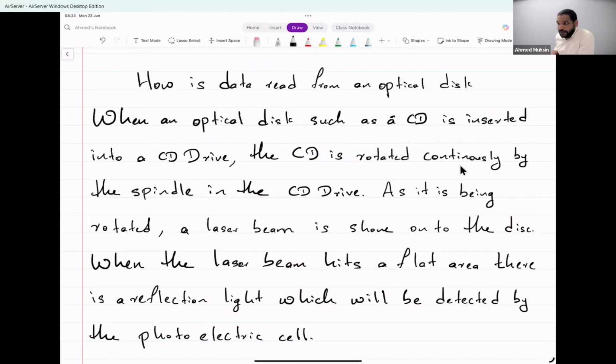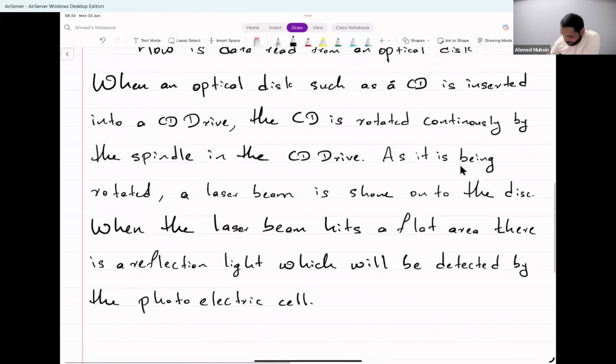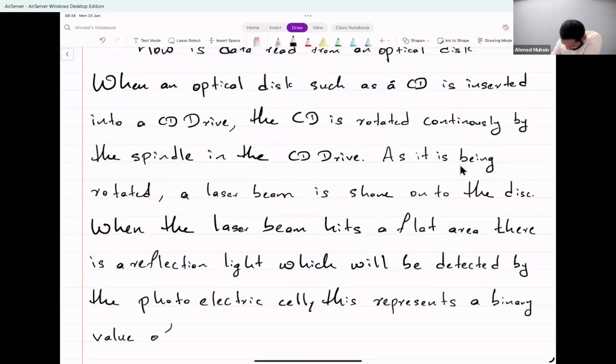This reflection of light, your photoelectric cell will detect it. This represents a binary value of 1.